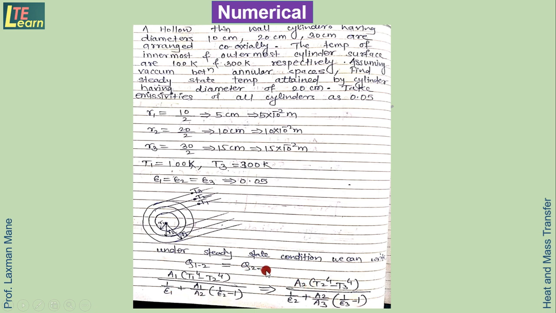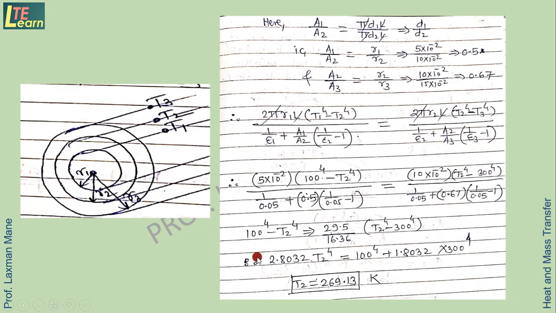For 2 to 3, the area will be A2, temperatures will be T2 and T3, and emissivities E2 and E3. So as per the theory, the formula for Q on the left side and for the right side. After that, we have to calculate the relation.